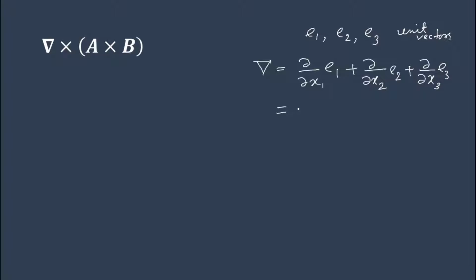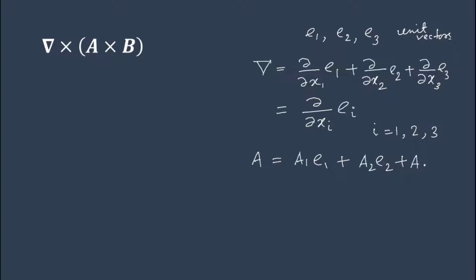By index notation we can write del xi ei, where i equals 1, 2, 3. Similarly, A can be expressed as A1 e1 plus A2 e2 plus A3 e3. So by index notation, A can be expressed as Aj ej, where j equals 1, 2, 3.